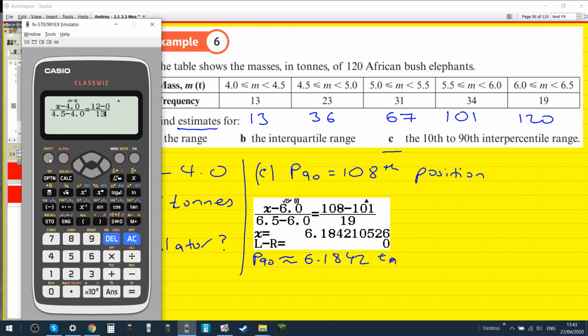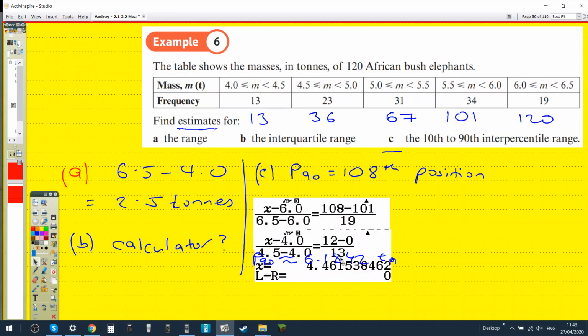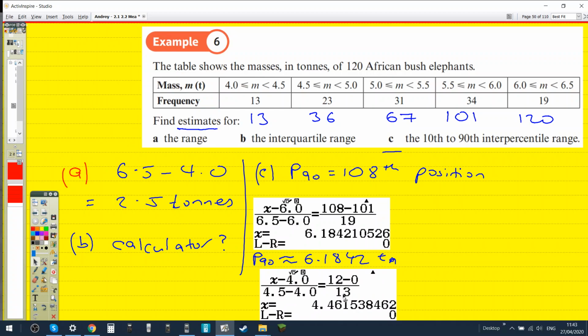And then we solve that. And we get 4.4615 tons. Okay.